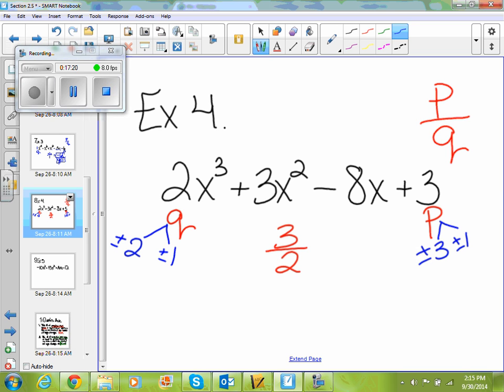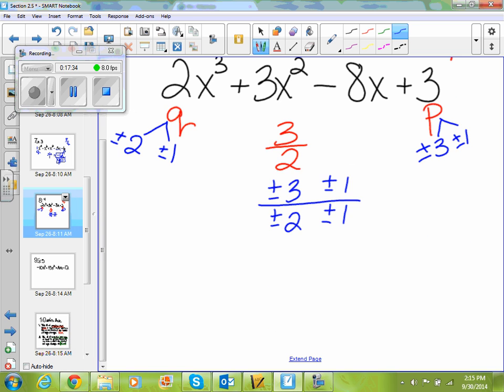Okay, so I'm going to plug these in up here. So I have positive or negative 3, positive or negative 1, and for 2, I have positive or negative 2, positive or negative 1. And we're just going to start grouping them.